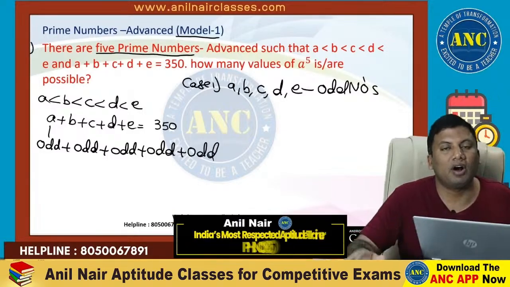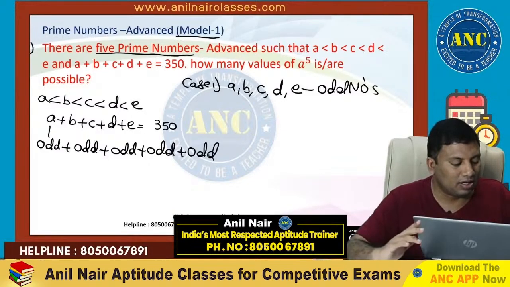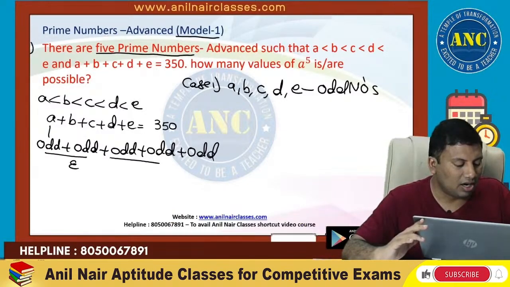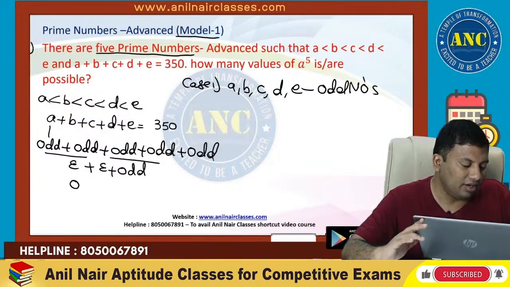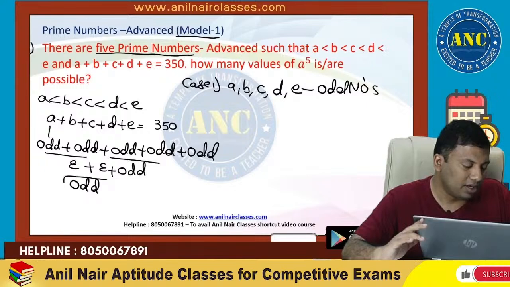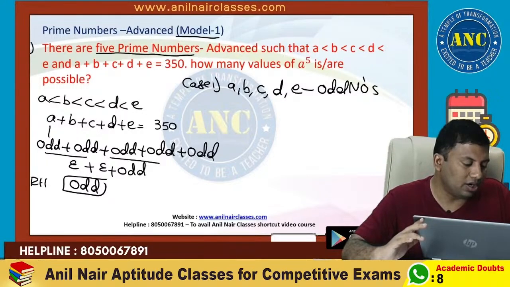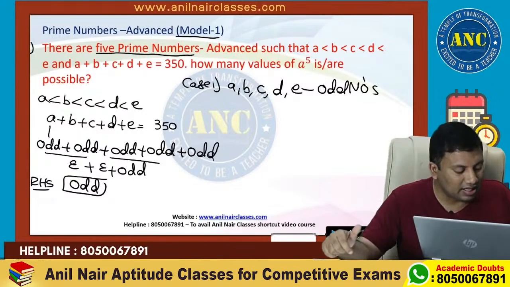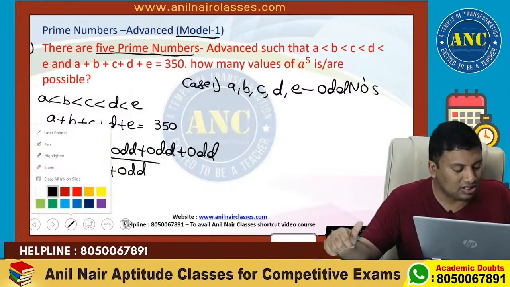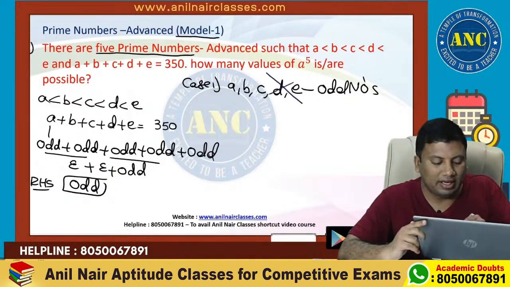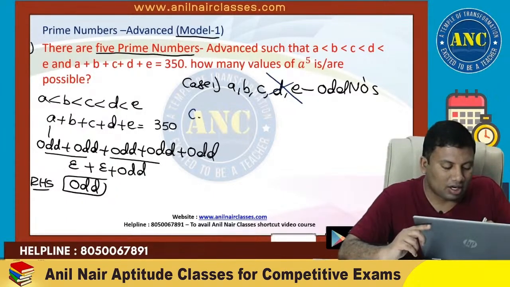An odd number of odd numbers is always an odd number. Odd plus odd, even. Odd plus odd, even. Plus odd. Even plus even, even. Even plus odd, odd. The right hand side should be an odd number, but the right hand side is an even number. So this case of all 5 numbers being odd is not possible.